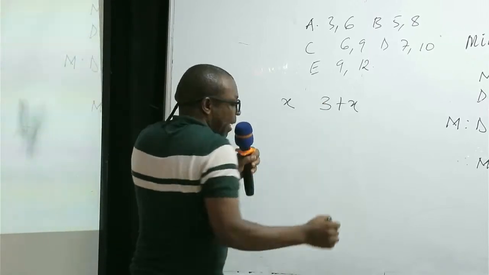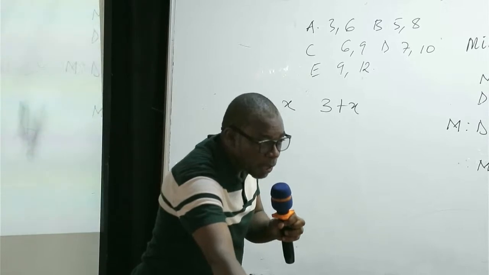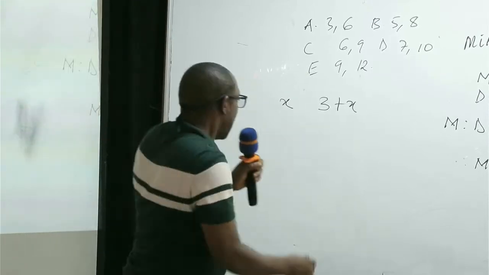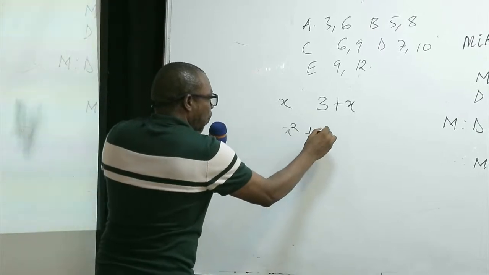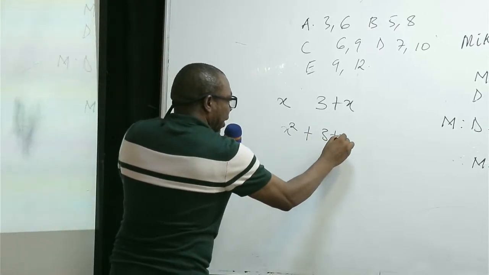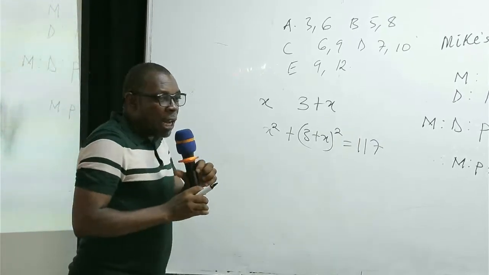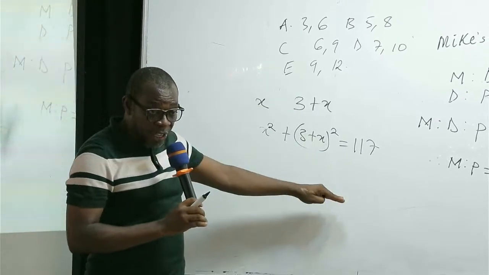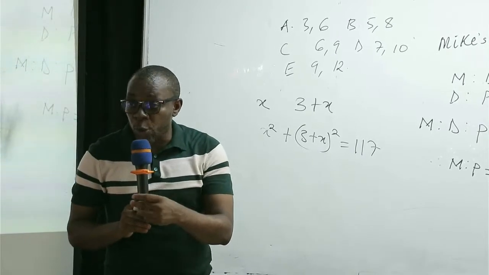The next sentence says the sum of squares: x squared plus (3 plus x) squared. You are going to reason like this, but coming here you need to walk like God. You are not God.